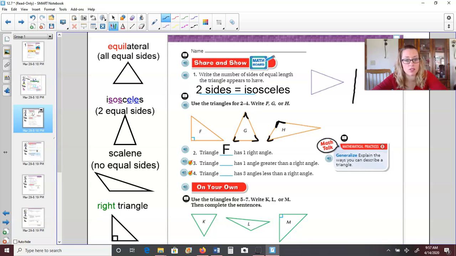So triangle H has that obtuse angle opening up greater. And then which triangle has three angles less than a right angle? The three acute angles we just saw, that would be triangle G.